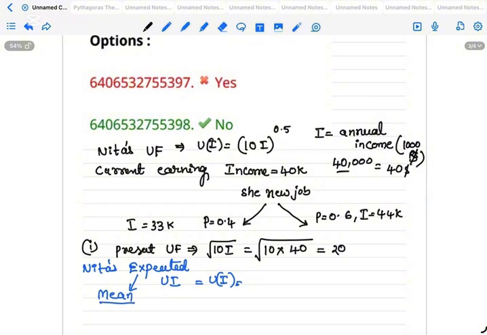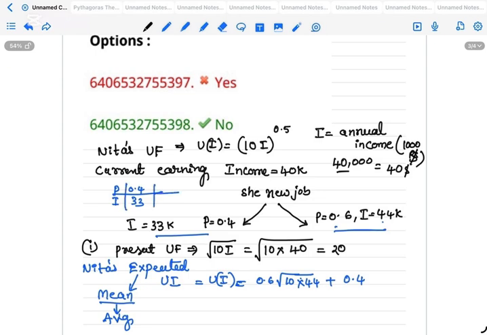Expected means the average value, so we consider 0.6 times the square root of 10 times I, with I equal to 44, plus 0.4 probability times the square root of 10 times 33.